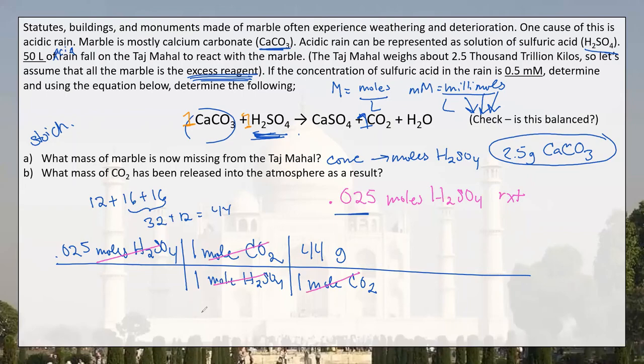Oh, here I've done a classic mistake. See, I should have written CO2 on top. And if we do our math across our dimensional analysis ladder, I get 1.1 grams of CO2 released in this acid rain marble deteriorating event.